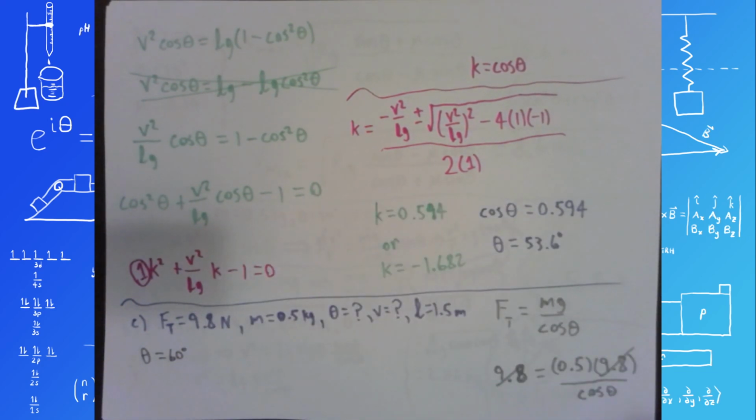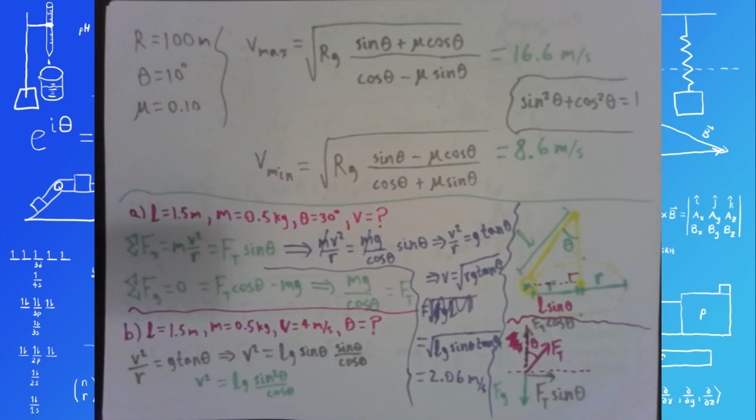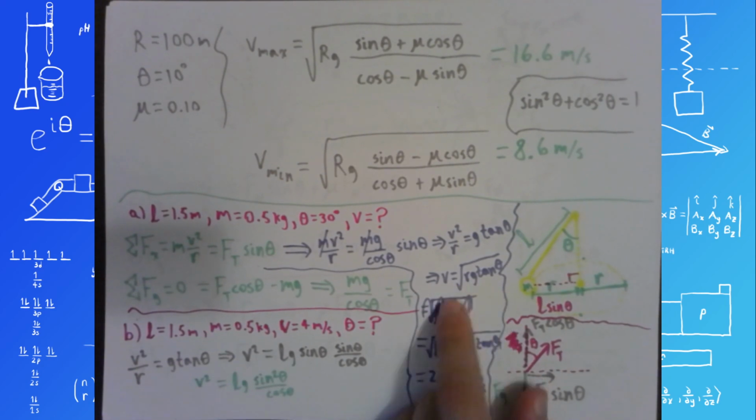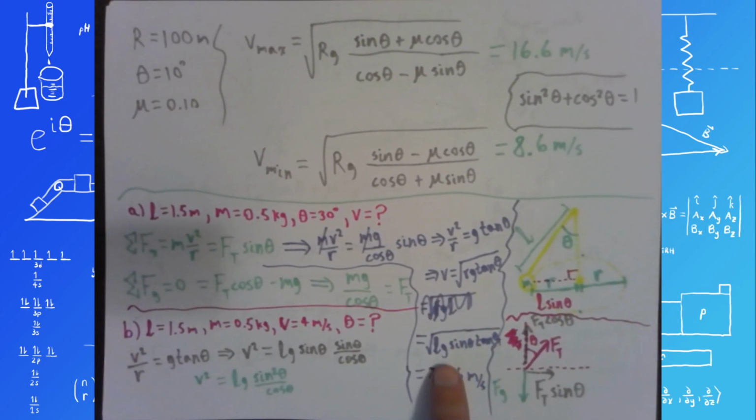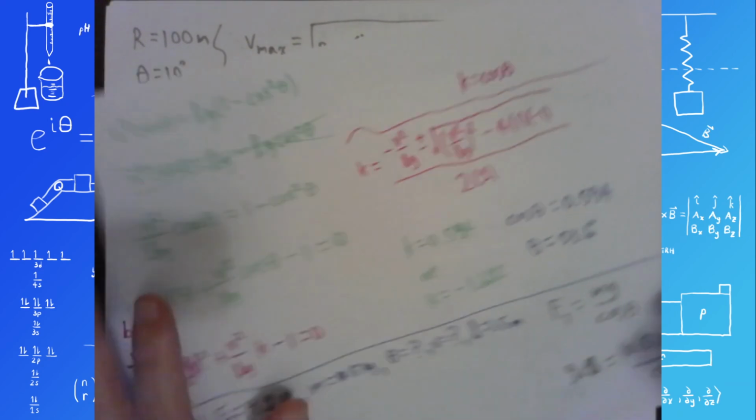So now we can calculate V just using the formula that we had over here. V equals the square root of LG sine theta tan theta.